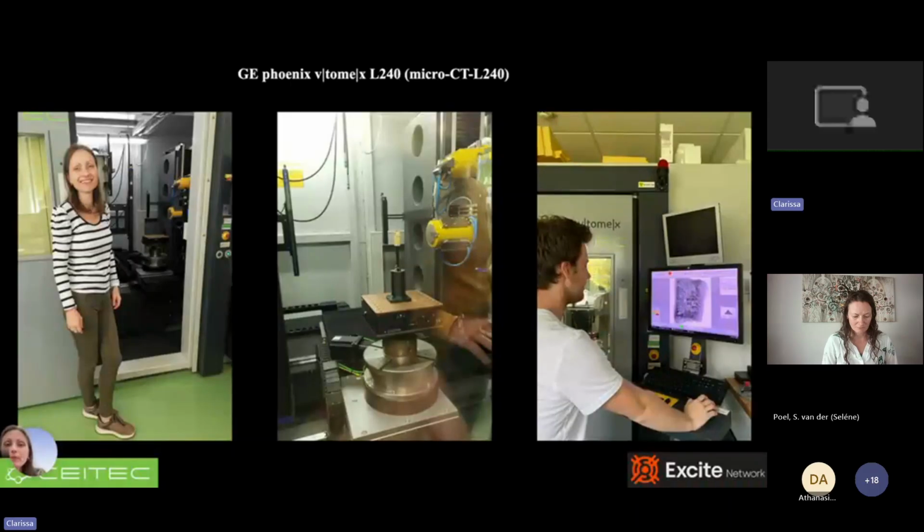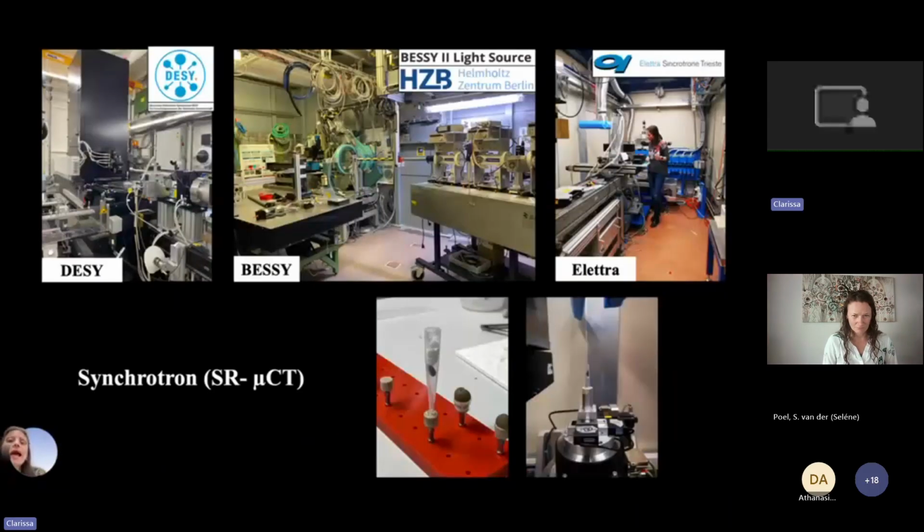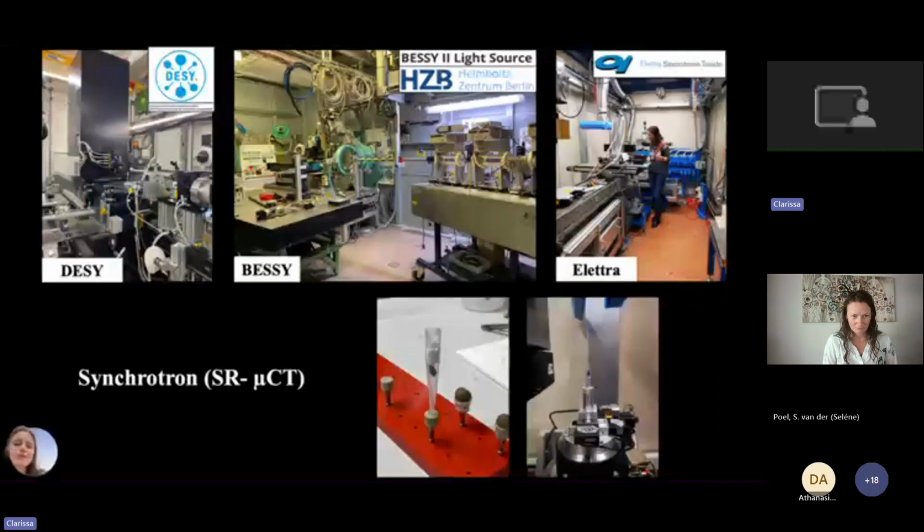I also went to the synchrotrons, as I mentioned, and here the idea is really the same, just the facilities are much larger. And instead of using styrofoam, we figured that using little pipette tips that you use in the lab to pick up liquids worked really well, because the experimental samples are obviously larger.